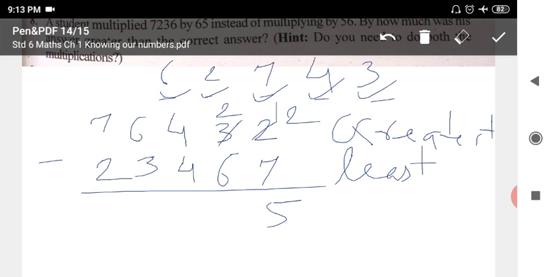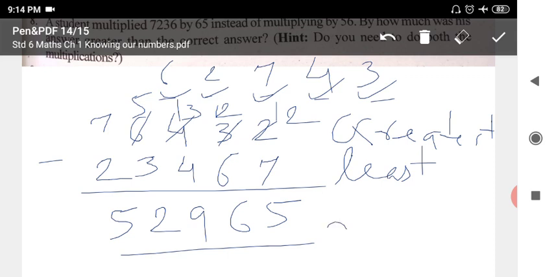Now 2 minus 6 is not possible, so again we cut this 4, it becomes 3, and 2 becomes 12. 12 minus 6 we get 6. 3 minus 4 is not possible, so we cut this 6, it becomes 5, and 3 becomes 13. 13 minus 4 we get 9. Okay, and then 5 minus 3 is 2, 7 minus 2 is 5.